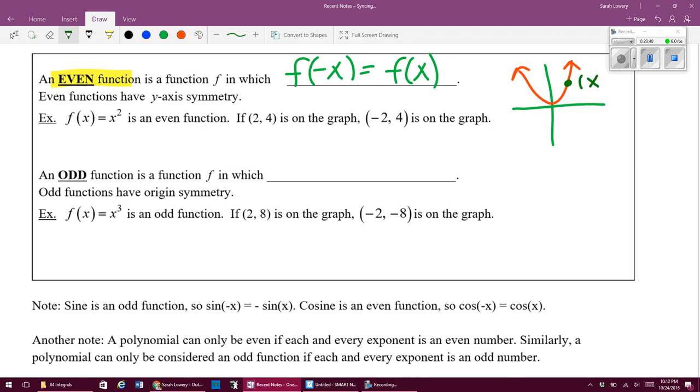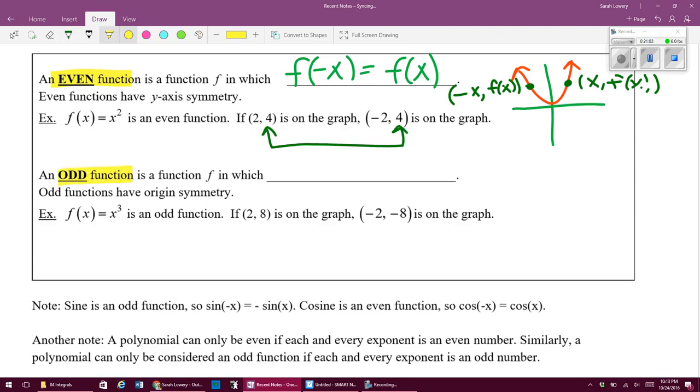This point would be positive x and f of x. And over here, symmetric would be negative x, and it has the exact same y value. So when I plug in a positive x or a negative x, they share the exact same y value.